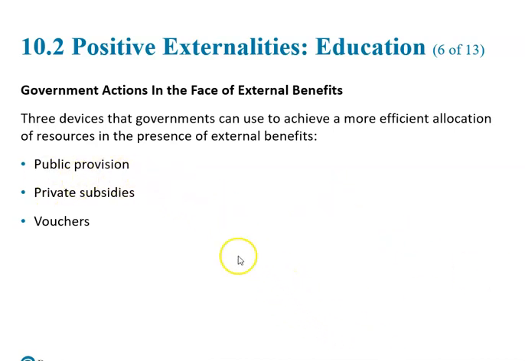The public provision of some goods can happen, meaning if the government starts some public universities and colleges, providing education through the public channel, that can be one of the ways in which the marginal social benefit can become equal to the marginal cost. Private subsidies are another way to do that, and vouchers are the third way of doing that.